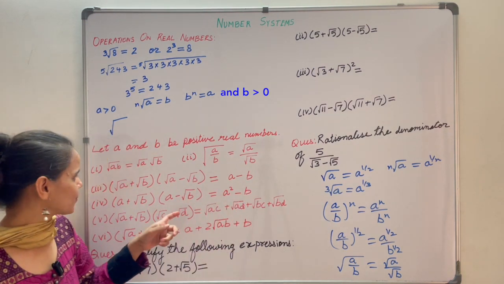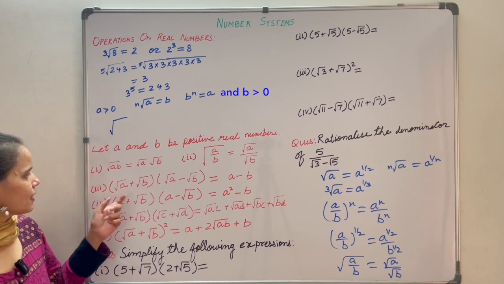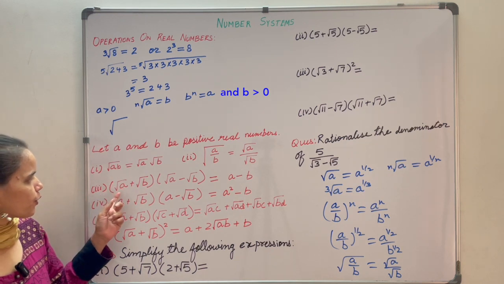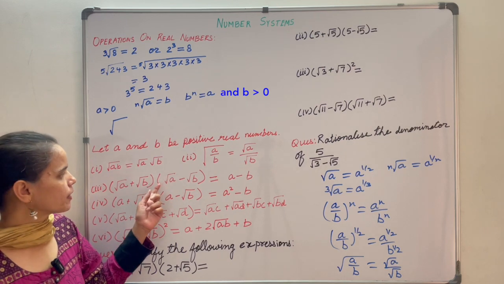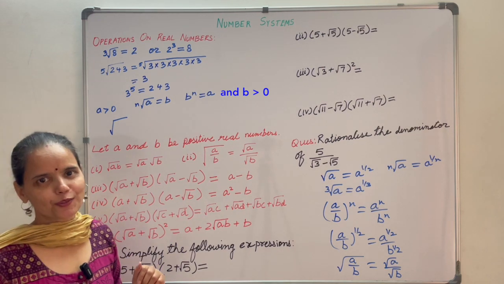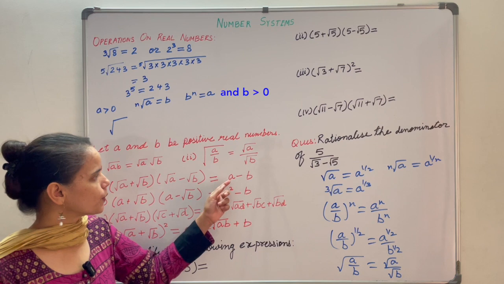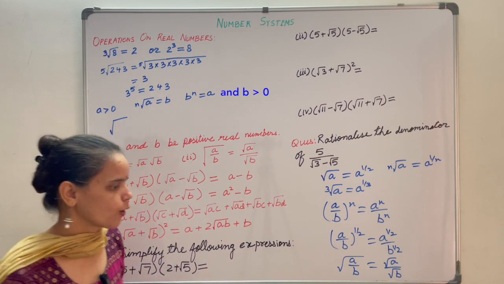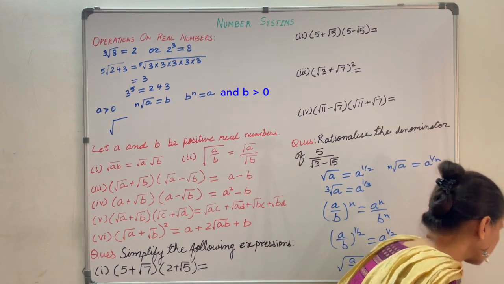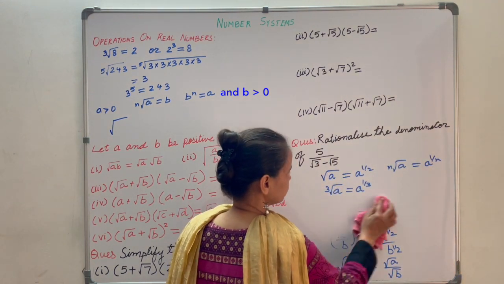Now let us move on to the third identity. Here inside the brackets you have square root of a plus square root of b, multiplied by square root of a minus square root of b, which is equal to a minus b. Here also we have used one identity which you have learned in your previous classes. Let me write it down.